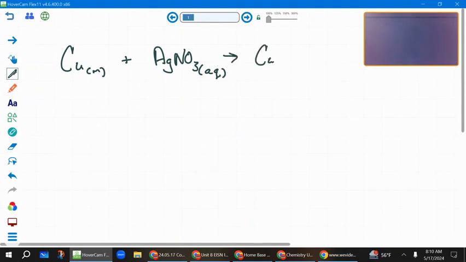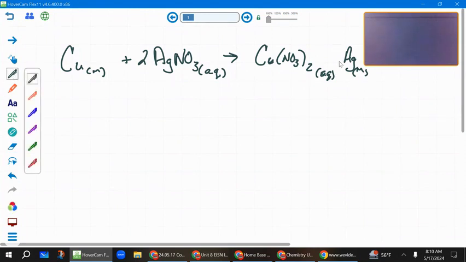What we ended up with was copper nitrate plus silver metal. Now, to balance this, we would put a 2 here and a 2 here. Questions?